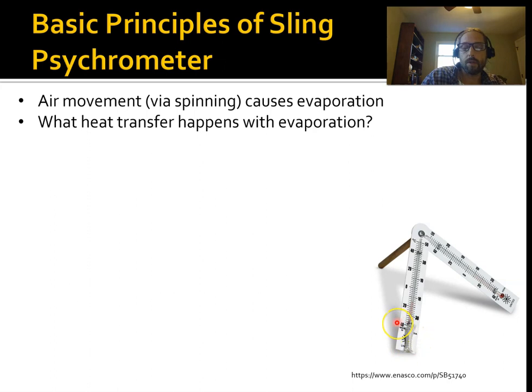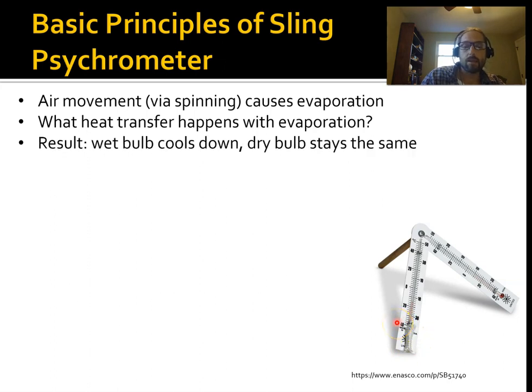And so it's pulling heat from all around it, including the wet bulb thermometer itself, and it actually cools down around this wet bulb more. The dry bulb shouldn't cool down at all unless there's water on it.